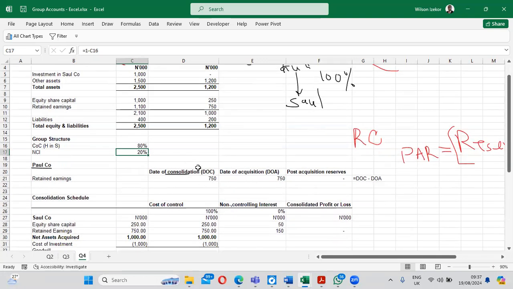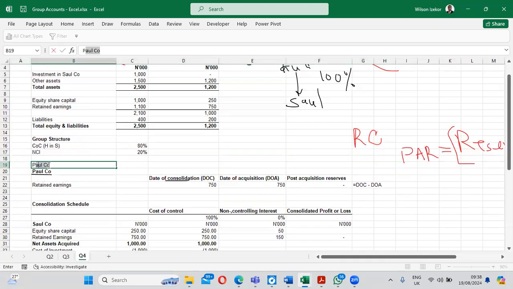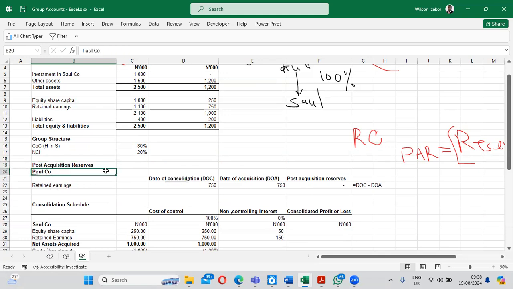So what do we do here again? We prepare our post-acquisition reserves. I can give it a heading here: post-acquisition reserve. This is simply the reserves at the date of consolidation minus the reserves at the date of acquisition times the cost of control percentage.